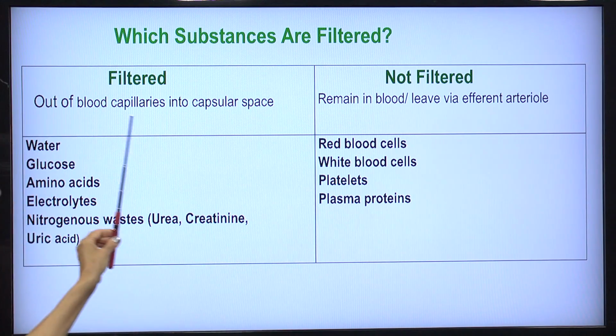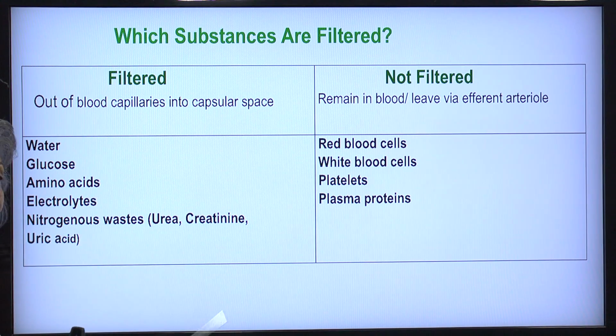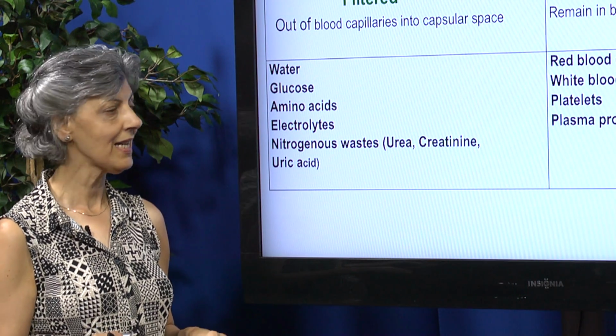What are the small substances that can actually be filtered? So they are moving from the blood into the capsular space. These are smaller: the water, glucose, amino acids, many electrolytes. We're talking sodium, potassium, chloride, calcium. We're going to talk about these later in great detail.